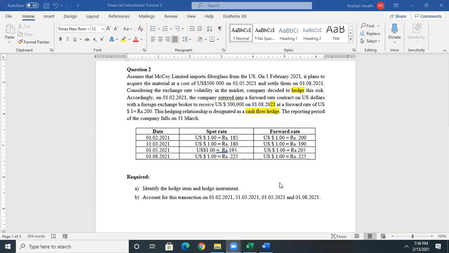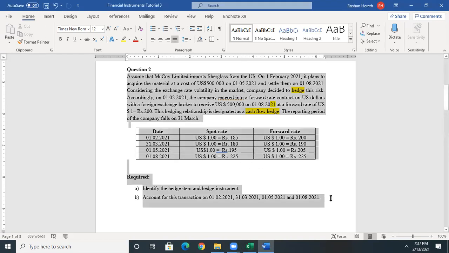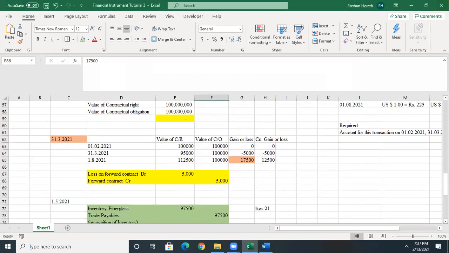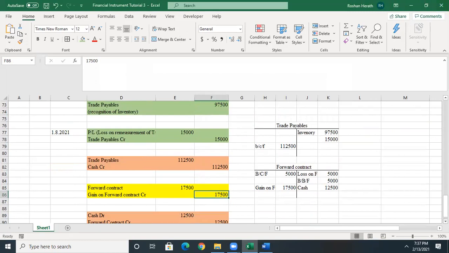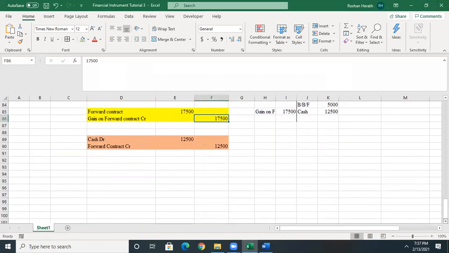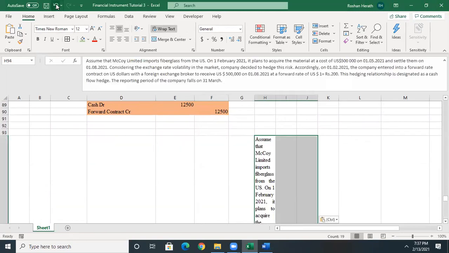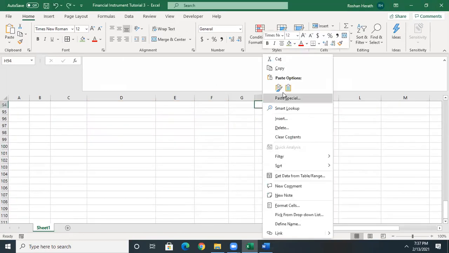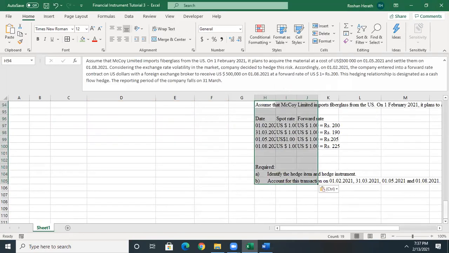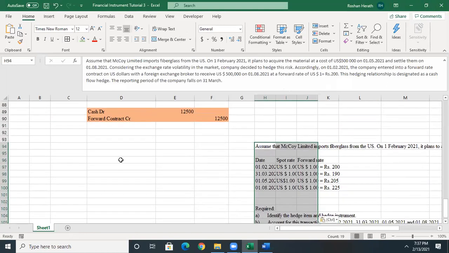Right. What is the hedge item and what is the hedge instrument in this particular transaction? So the same thing, but accounting may be slightly different because now you have to apply hedge accounting, right? So you need to know what is the accounting for the cash flow hedge. In fact, you have discussed one question in your lecture as well, but just to discuss one more in the tutorial as well.